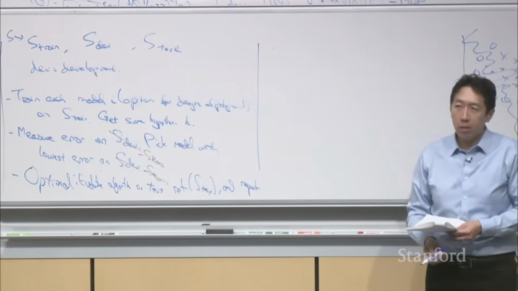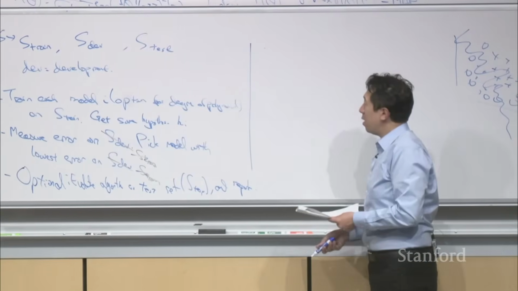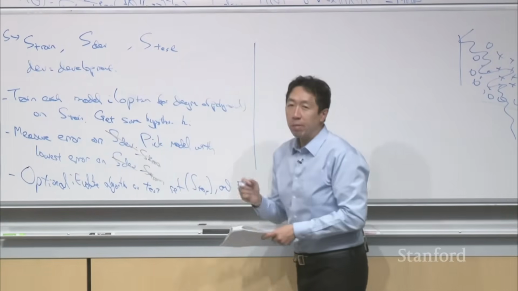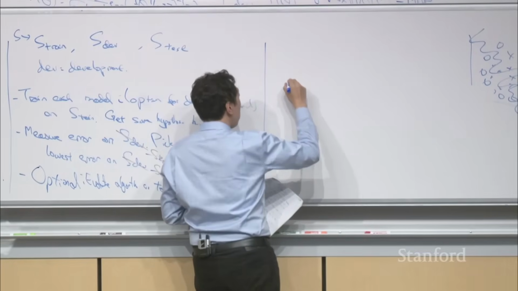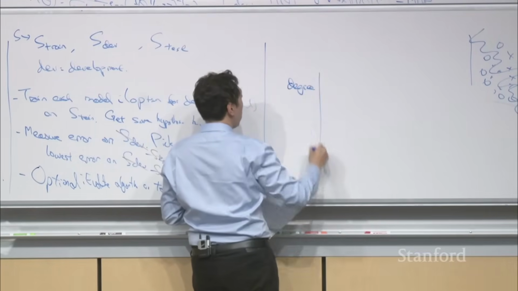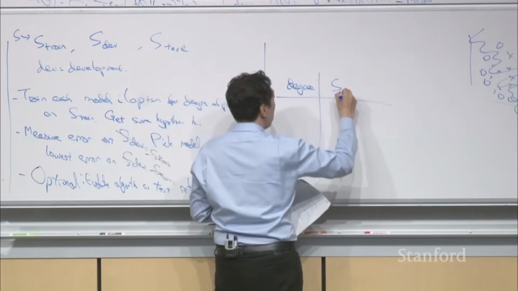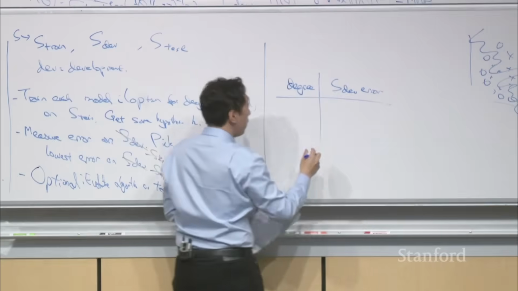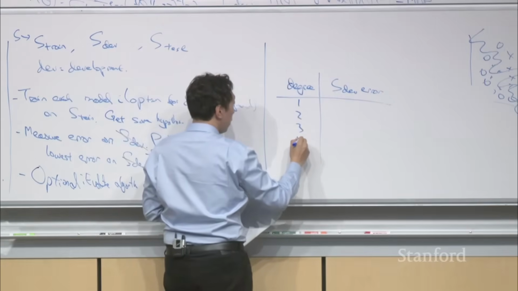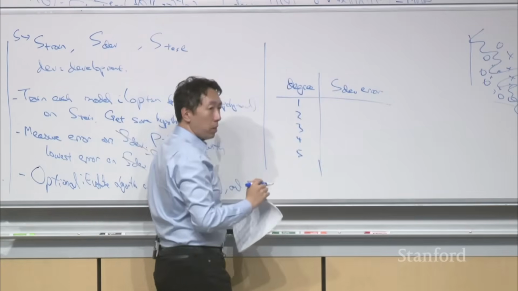And so it turns out that, actually, let me give an example. Let's say you're trying to fit a degree of polynomial, and you want to choose based on the dev error. So you can fit the first, second, third, fourth, fifth degree polynomial.